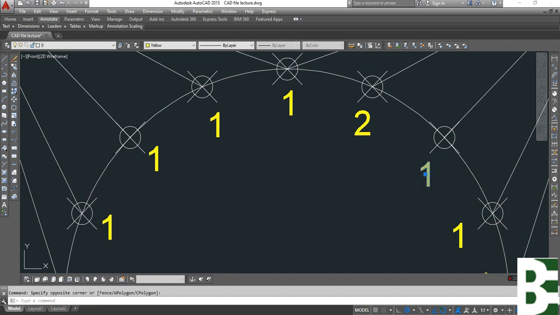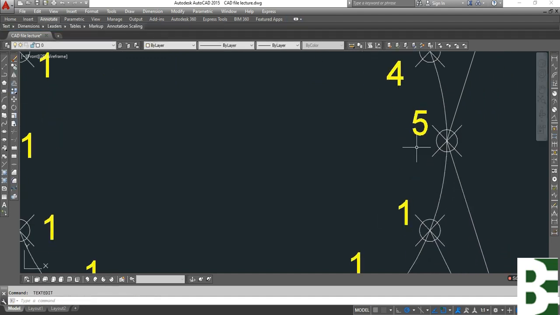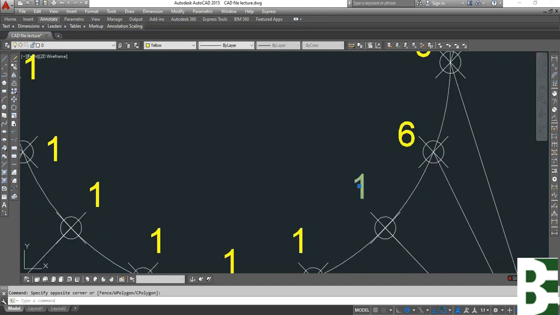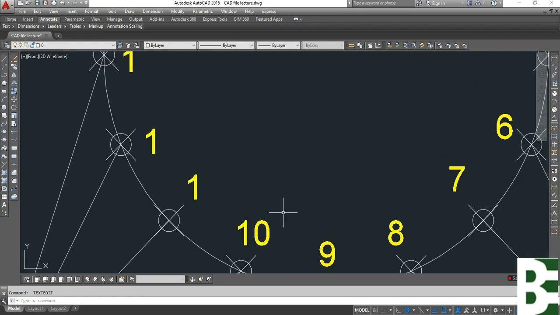Now I am marking them clockwise. If you divide the circle into 15 segments, it will not be correct, and it's not possible to draw a segment.